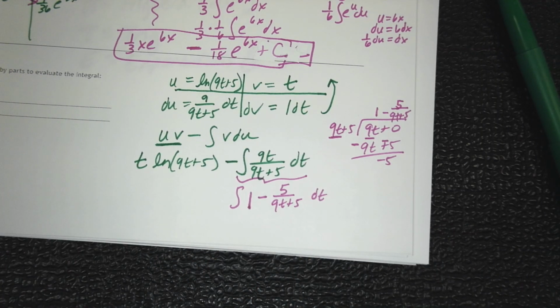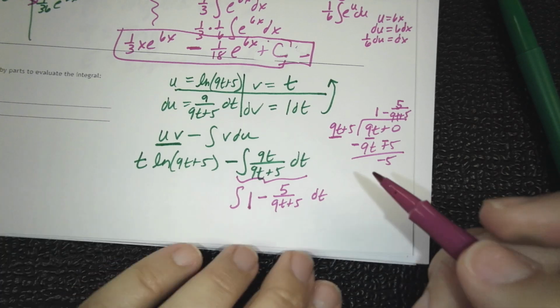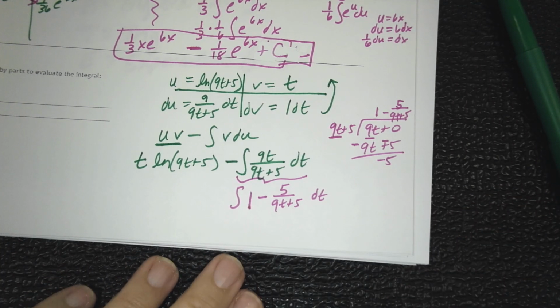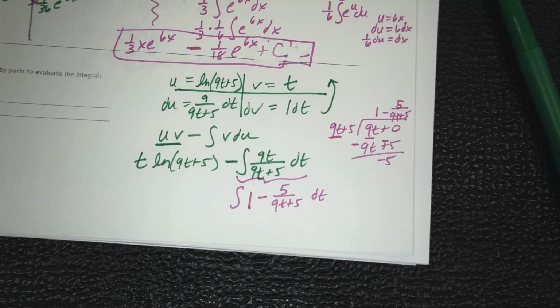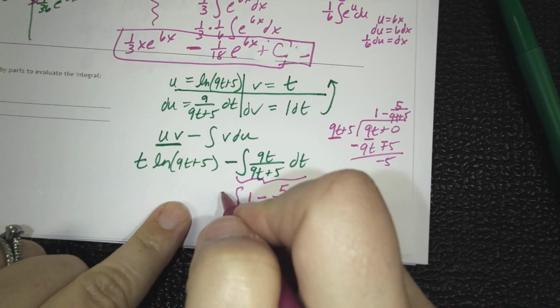It seems illogical, why should I integrate two now? Because it's easier to integrate two of them than this one. Integrating 1 is super easy. What's the integral of 1? 1x, or in this case it's t.